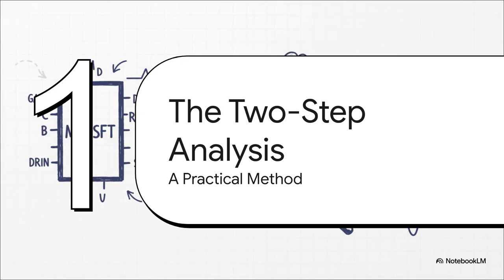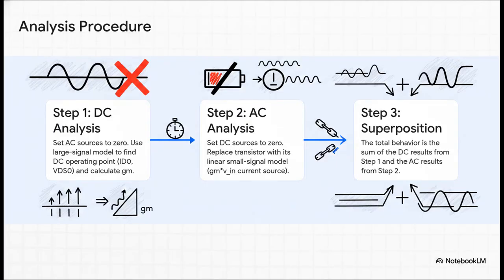Now, this simplification isn't just a neat math trick. It's so powerful that it gives us a practical step-by-step procedure that we can use to analyze pretty much any amplifier circuit you can think of. Here's the playbook. It's a classic divide and conquer strategy. Step 1, DC analysis. You pretend all the small AC signals don't exist, just set them to 0. Then you use the full large signal model to find the circuit's DC operating point.